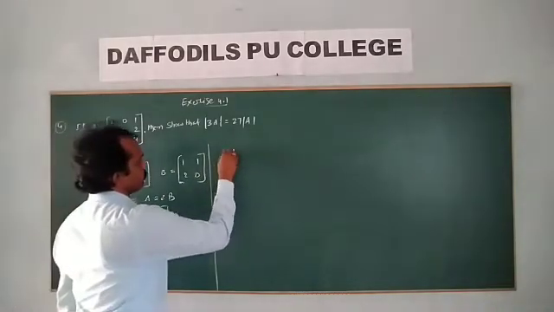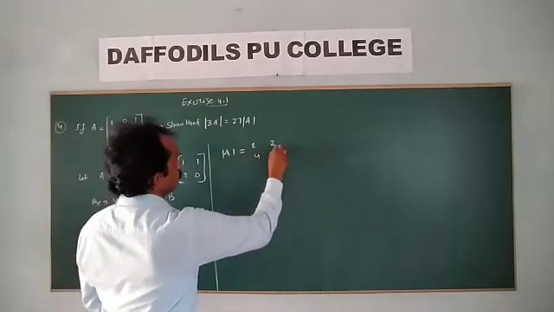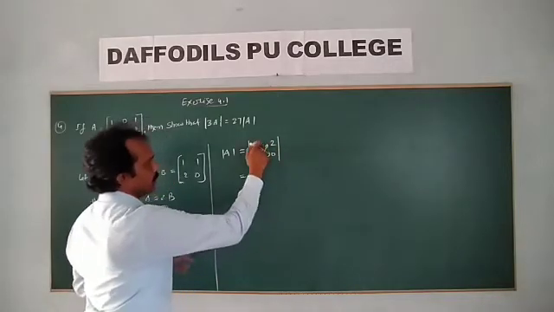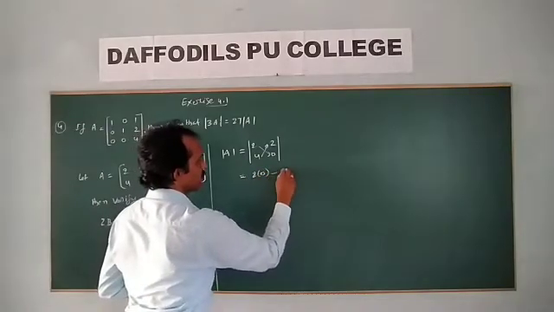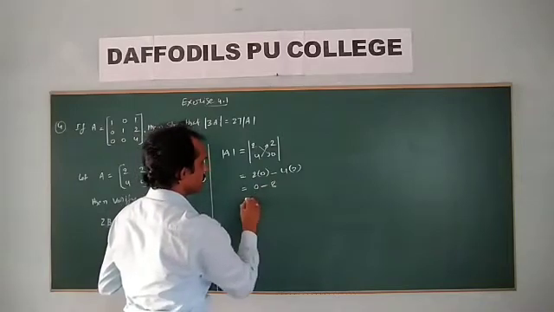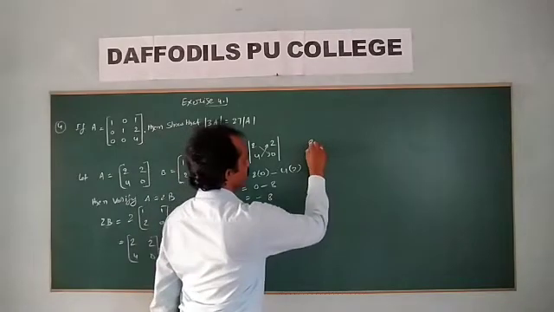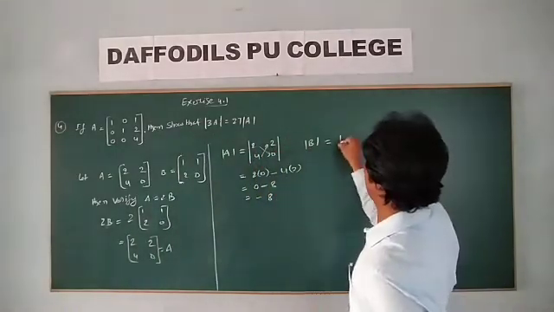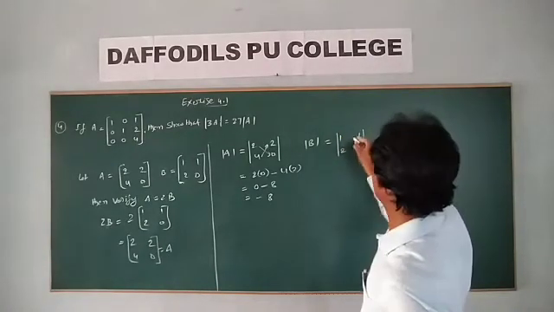What is det A? Det A is equal to |2 2; 4 0|. That implies a1 b2, 2 into 0 minus 4 into 2. That implies 0 minus 8. Answer minus 8. Okay. Det B, |1 1; 2 0|.